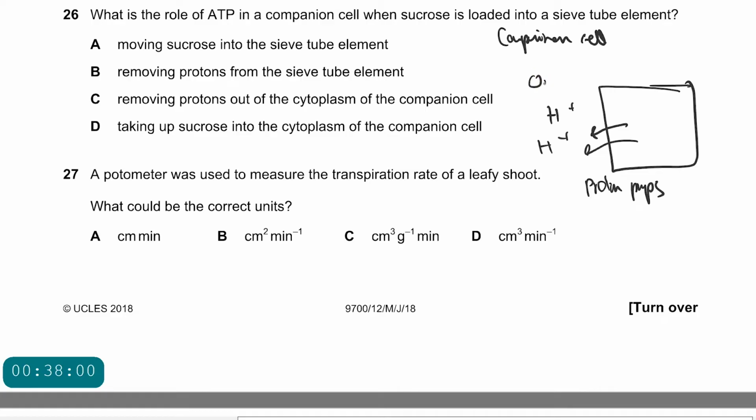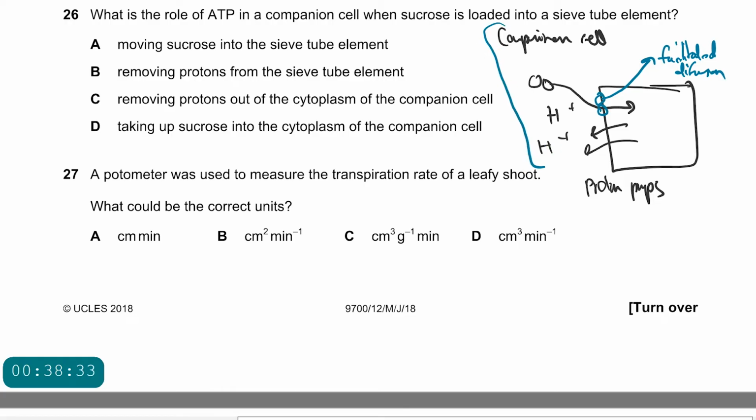Then it takes one sucrose molecule and goes back into the companion cell via a co-transporter protein by facilitated diffusion. That's like a general explanation.